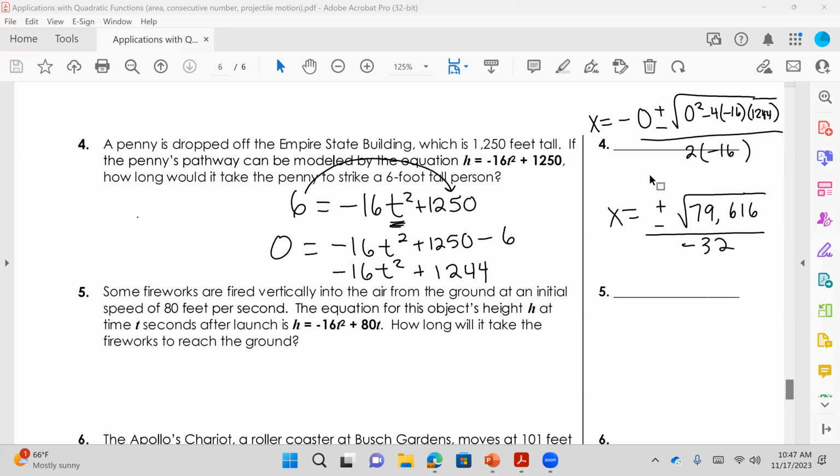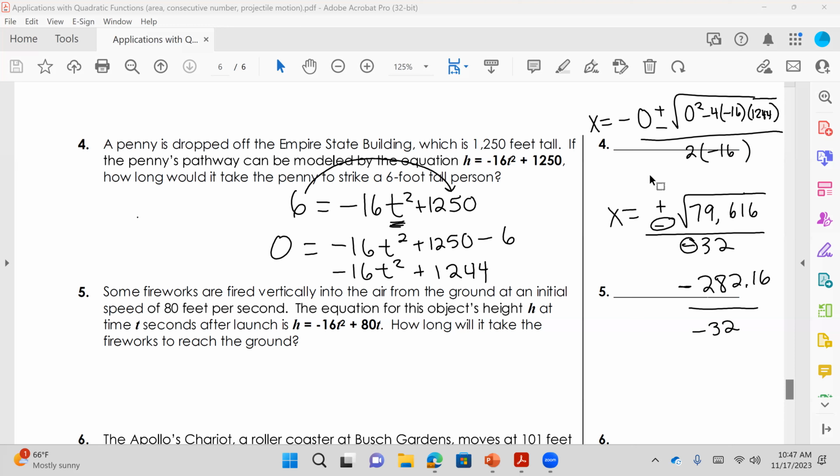Okay, so I know I'm going to need a positive answer, right? So I'm going to choose a negative and the negative so that I can get a positive. Okay, so guys, what is the square root of 79,616? Just type that into your calculator. 282.16.